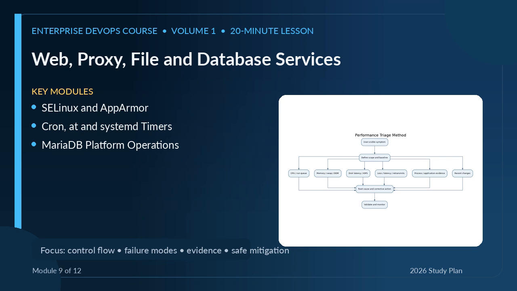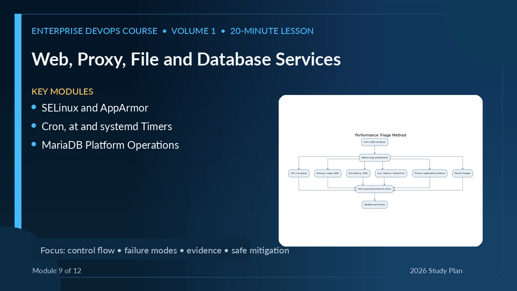The module on MariaDB platform operations establishes the following ideas. This chapter focuses on operating the database service as a platform component rather than database development. Production databases require application-consistent backup, tested recovery, access control, least-privilege application accounts, logical backup, and restore and database operational checks.